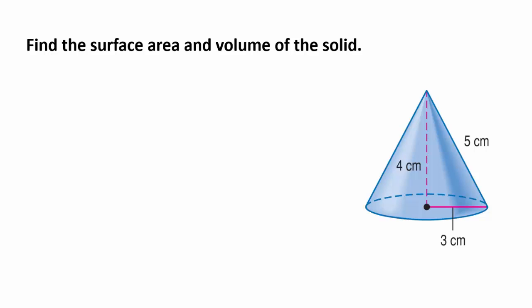Now, if we take a look at the volume of this cone, we write down a formula again. V equals 1/3 pi r squared h. Again, each of these variables represent something in that figure, and we're going to plug those in. V equals 1/3 pi.